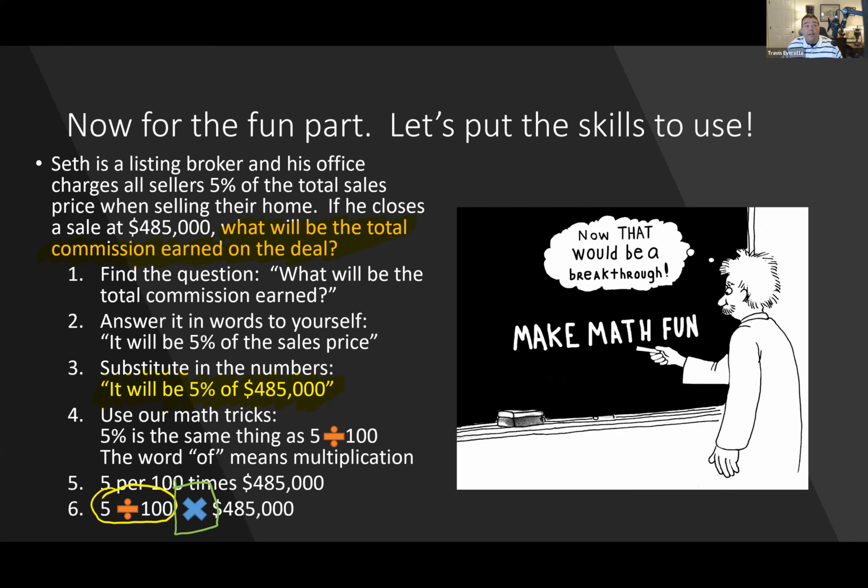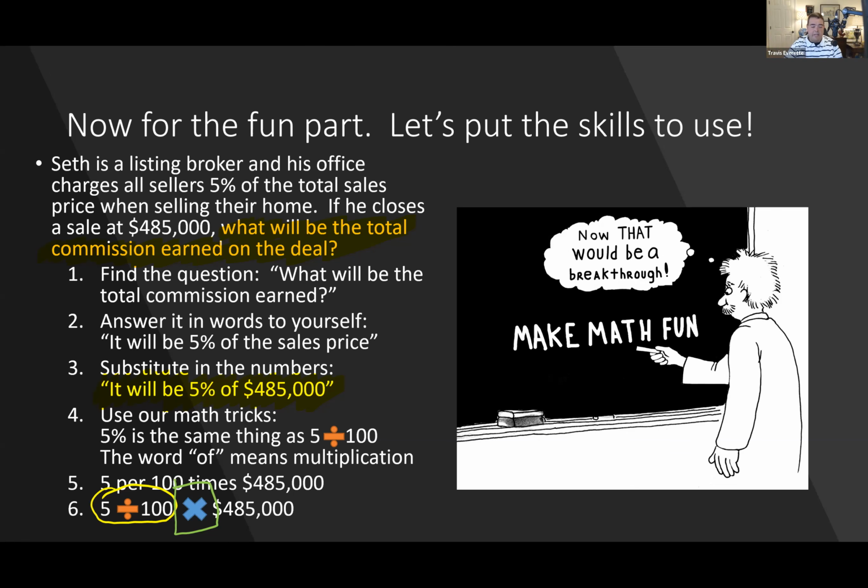And if we do that, we will come up with, and I'll just take my calculator out here, and then I'll share my answer with you. So again, I'm going to type in 5 divided by 100, times, just going to keep going, I'm not going to stop, $485,000 and hit equal.